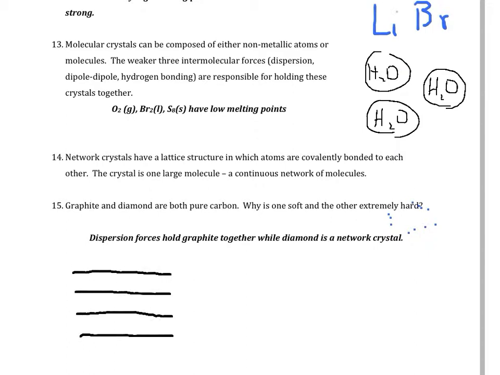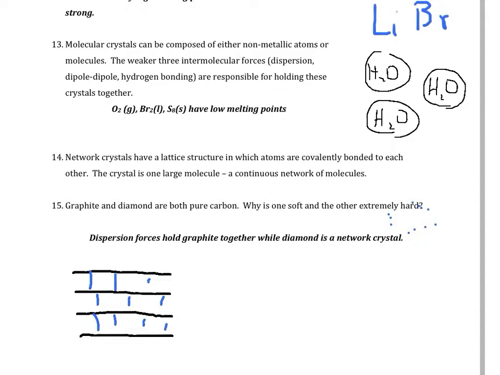So graphite comes apart in sheets, and this is essentially the way a pencil works. The graphite, which we call lead, comes off in sheets. So it's a relatively weak force holding it together. That's why pencil lead is so soft.